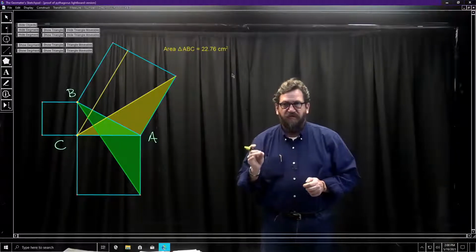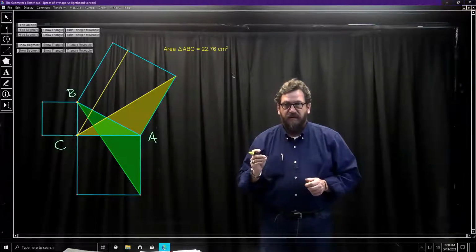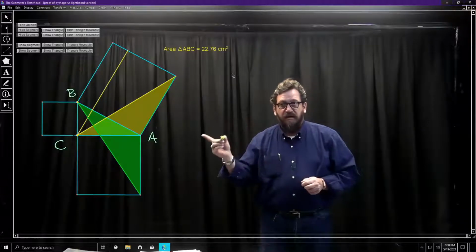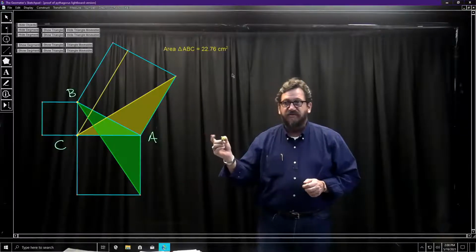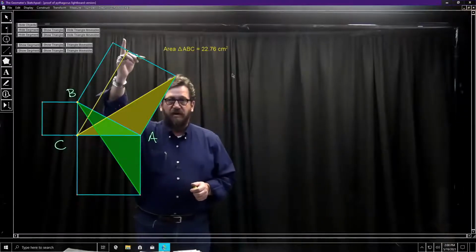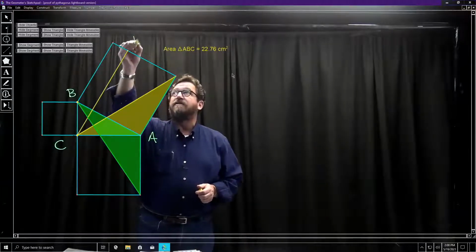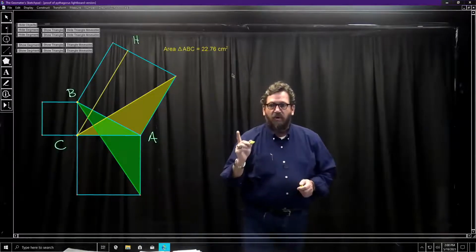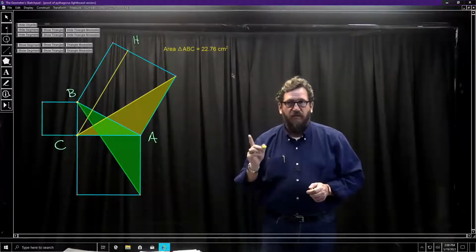So the proof of Pythagoras' theorem, using Euclid's methodology, step 1: construct the segment from C, and I'll name this point up here H. Now then, what we want to do is talk about what this means.